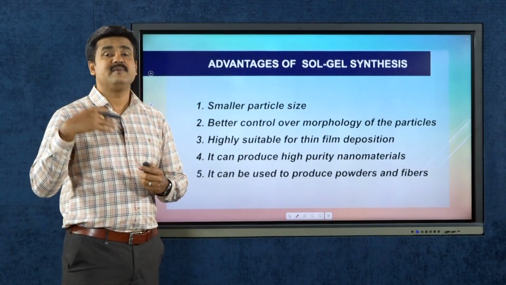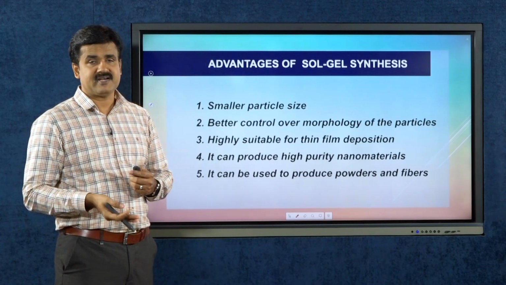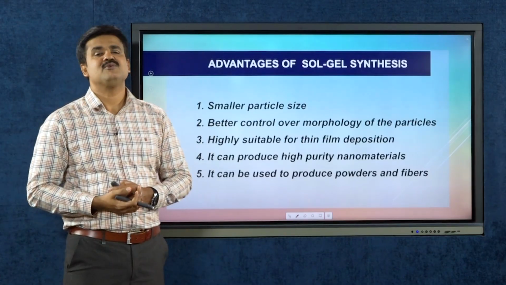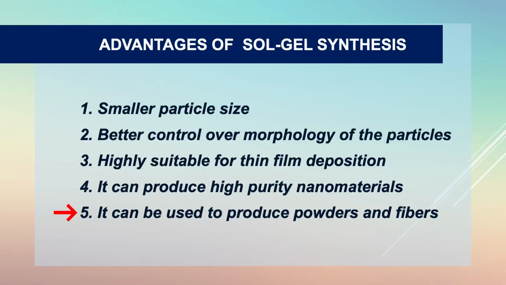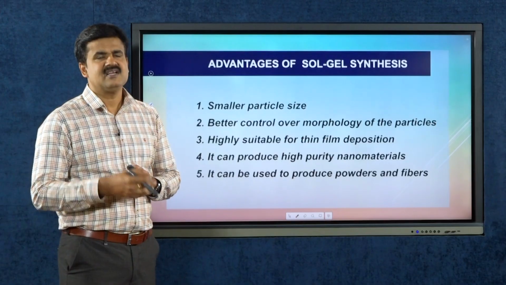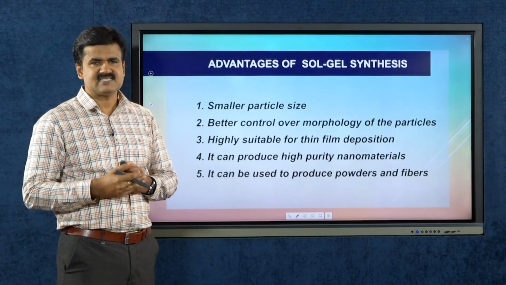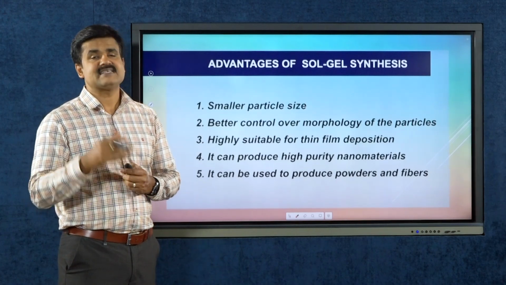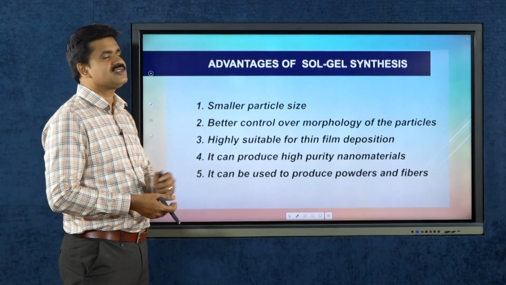That is, the nanomaterials obtained need not be purified, they are more or less highly stable. This sol-gel method can be used to produce powders and fibers. You know about nanofibers. They are fibers with nano size. Nanofibers, nano metal oxide powders, etc. can be prepared by the sol-gel synthesis.